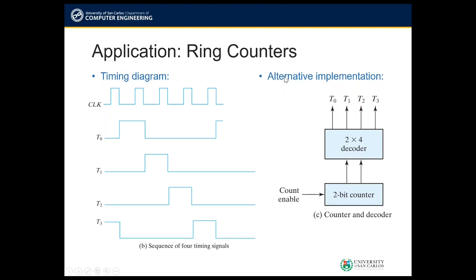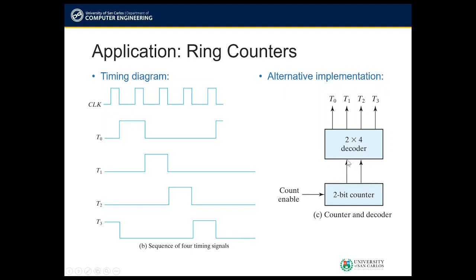So an alternative implementation, instead of using shift registers, is by using a counter and a decoder. In this case, we have a counter, so we have a count enable. And since this is having 4 bits at the output, then we need a 2-bit counter. So this is counting from 00, 01, 10, and 11.